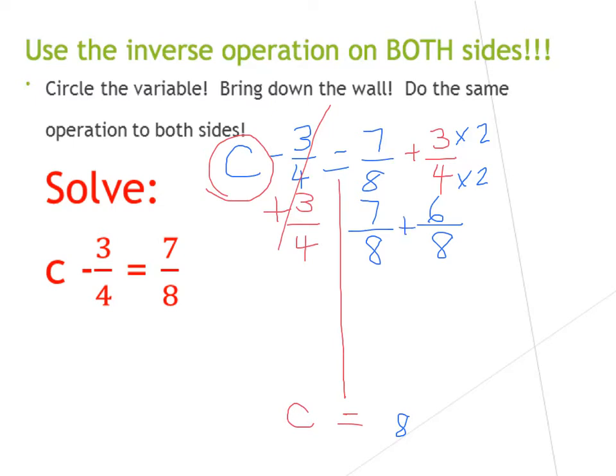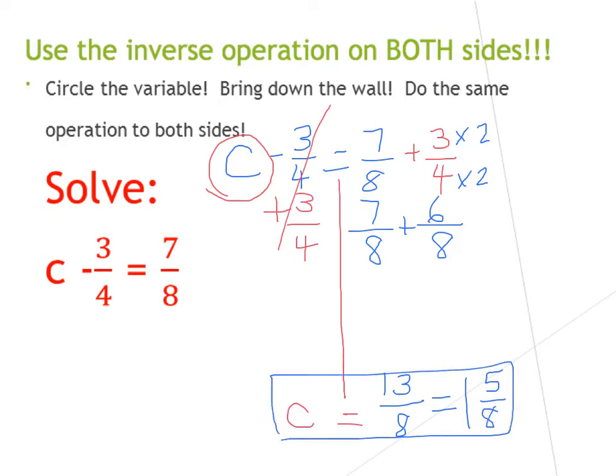And I know that 7 plus 6 is going to give me 13. Now that is not my final answer because I know that that's an improper fraction. So I know that 8 will go into 13 one whole time. And then I have 5/8 left over. And I'm going to go ahead and circle my answer.